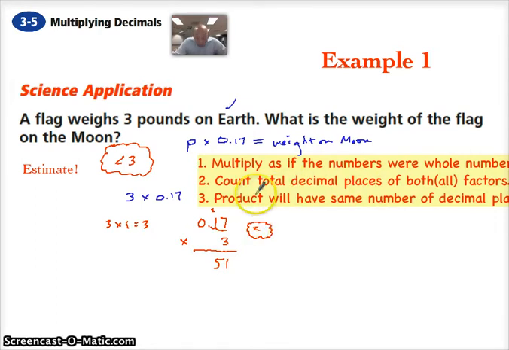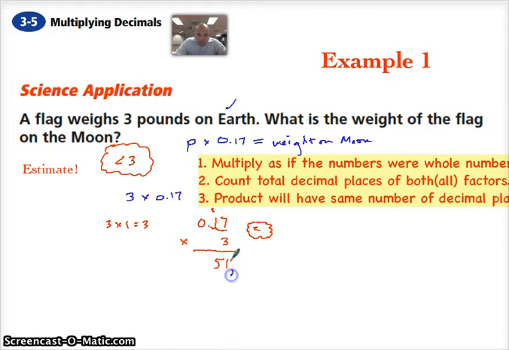So what we do then is, on step number 3, the product will have the same number of decimal places. So for this answer, we're going to move the decimal point over 2 places. How do we do that? Well, we know that the decimal place for 51 starts here.